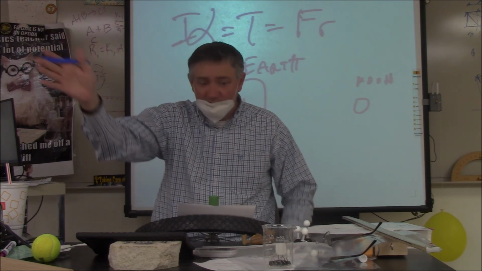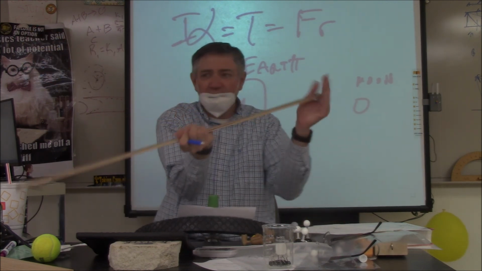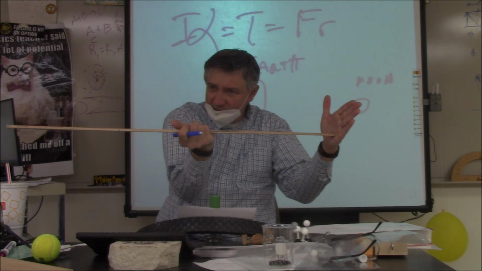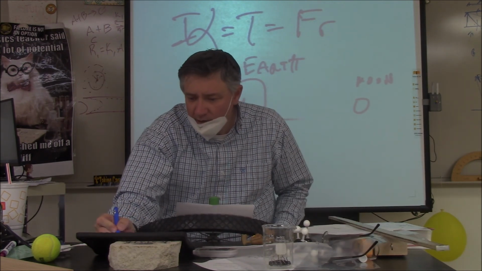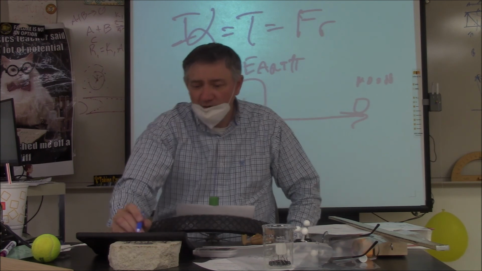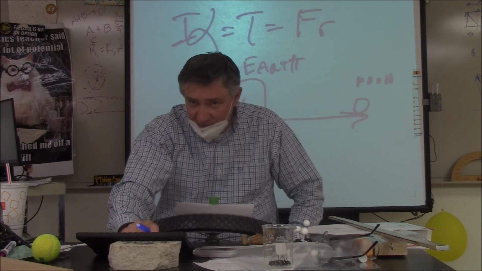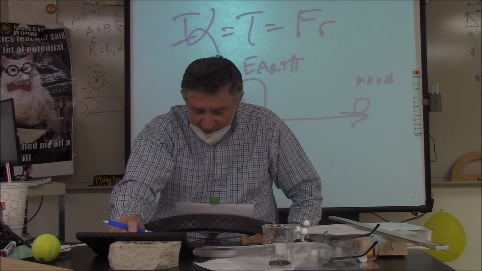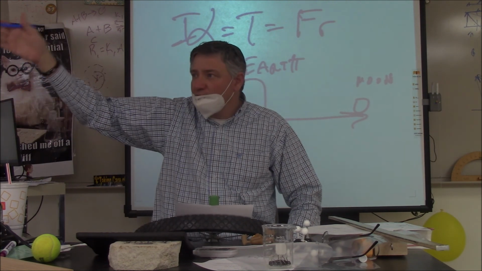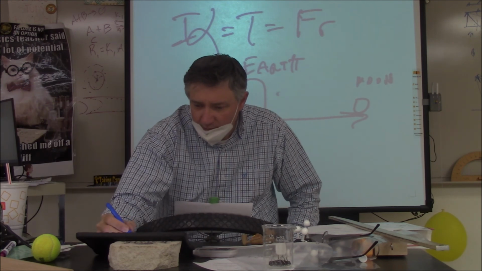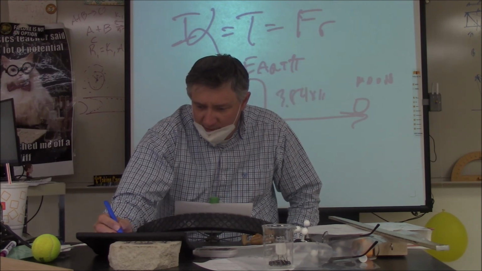It's just like a balance. I'm going to let the Earth be here, and I'm going to define this position as 0. Out here is going to be the Moon. And you know that distance. So I would let the position of the Earth be 0, and then the position of the Moon is 3.84 times 10 to the 8th meters.